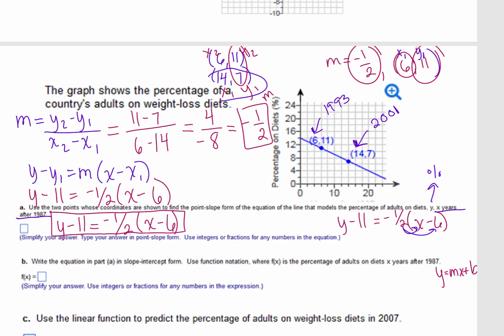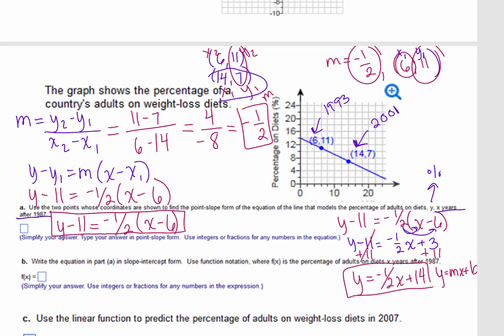Distribute to get it to slope-intercept form: negative 1/2 x, and then negative 1/2 times negative 6 would be positive 3. Then we add 11 to both sides to isolate the y, and I get y equals negative 1/2 x plus 14.